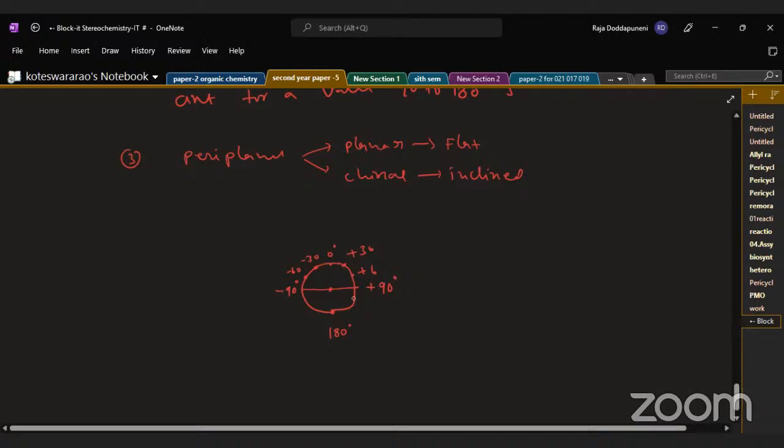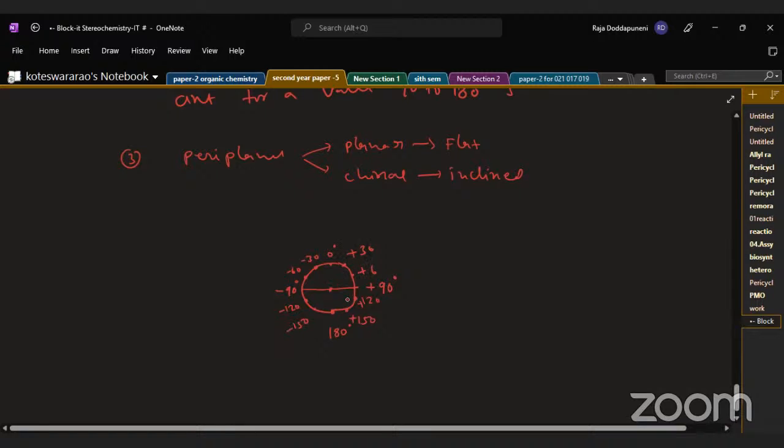One is 90 plus 30, 120, that is plus 120, and another is 120 plus 30, 150, plus 150. Similarly, this is minus 120 and this is minus 150.